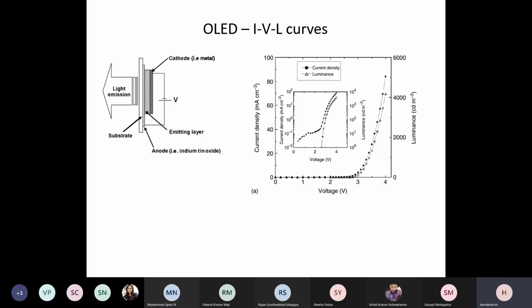In addition to current and voltage, you also study luminescence, which represents the intensity of light, how bright the light is. Generally, if you construct the device correctly, the current versus voltage looks something like this, and luminescence and current density usually have a strong correlation with each other.